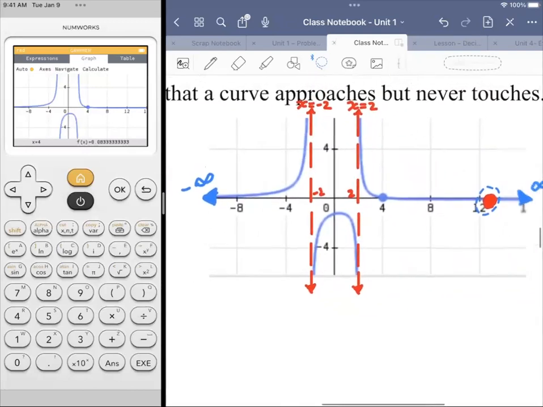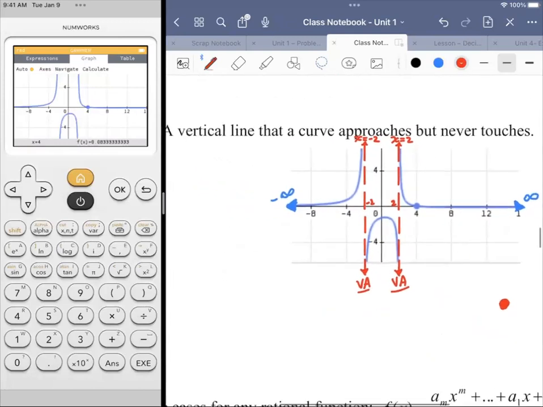Those two vertical lines that it approaches but will never touch, those are called vertical asymptotes. So VA for vertical asymptote. So sometimes you can pick it right off the graph. It's really nice. Sometimes you can't, all right?